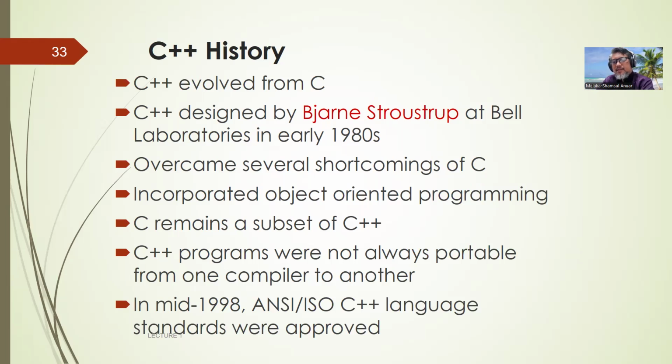In mid-1998, the year after I graduated in December 1997, the ANSI/ISO C++ language standards were approved. So there is supposed to be a solution to the compiler issue so that it can be used in any computer, portable from one computer to another. Okay, which is good.